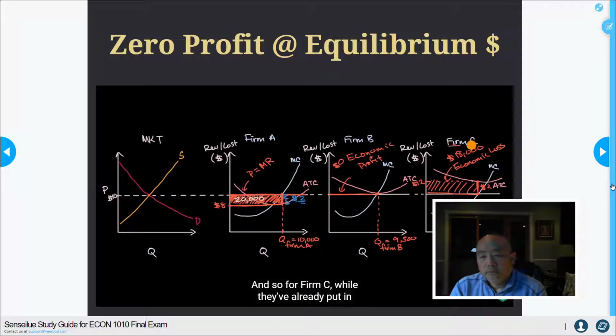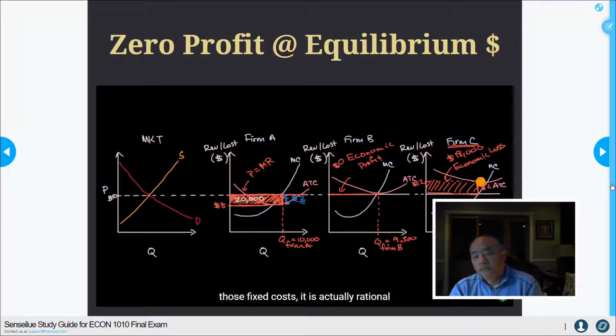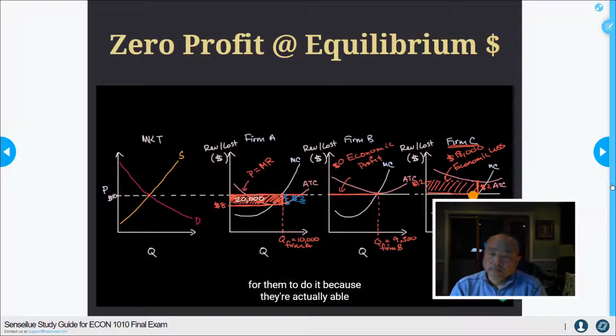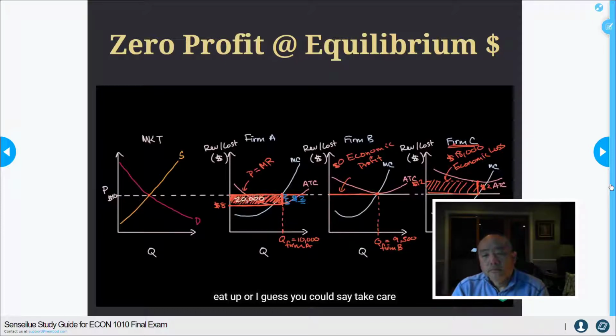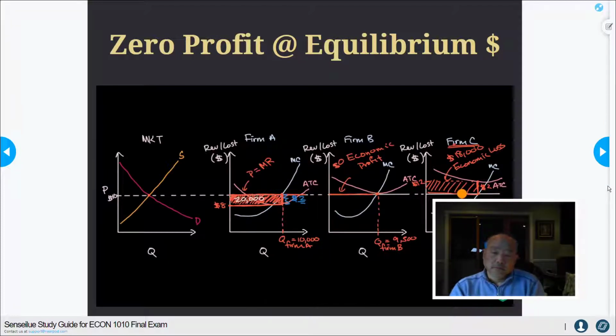And so for firm C, while they've already put in those fixed costs, it is actually rational for them to do it because they're able to more than cover their marginal costs with the marginal revenue they get up to that quantity, and then they're able to take care of some of their fixed costs. But they're still not able to run an economic profit. So in the long run, it wouldn't be rational for this firm to stay in the market. They would likely exit the market.